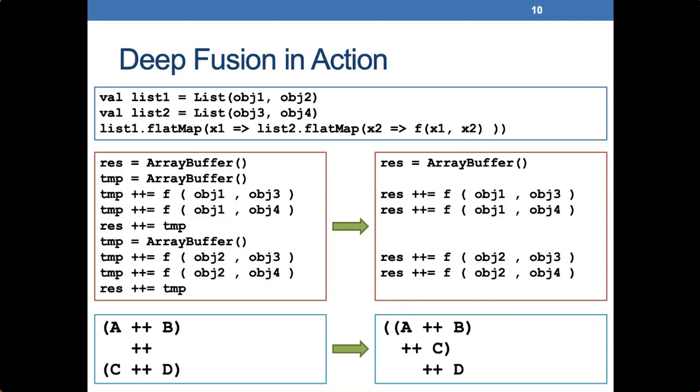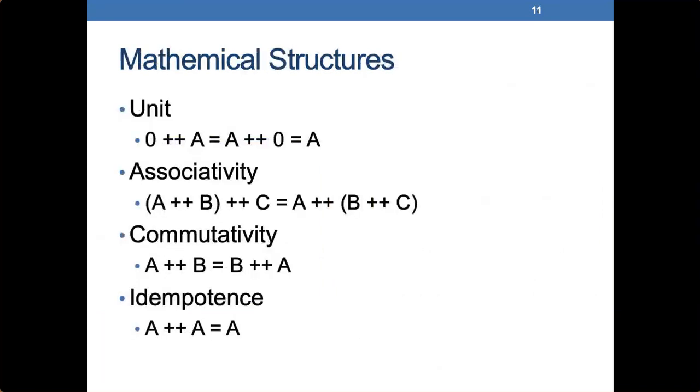The mathematical properties that we care about here are, first, the unit property, where there is a zero element, or unit element, such that appending it is like not doing any append. The associativity means that the order in which we do the appends doesn't really matter. The commutativity means that whenever we change the operands of the append, it doesn't matter.